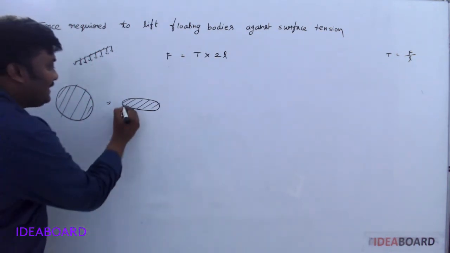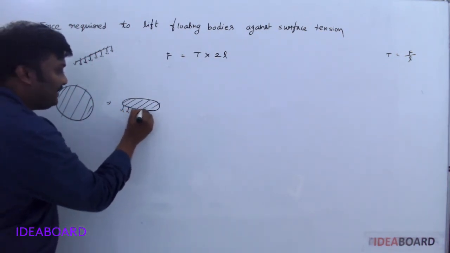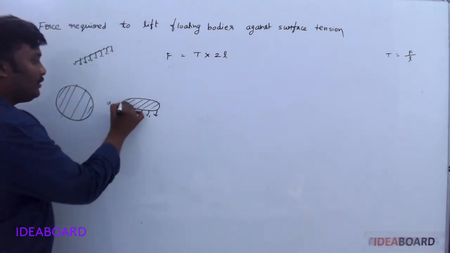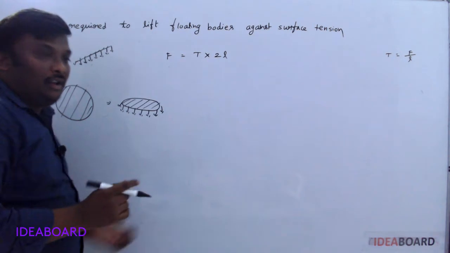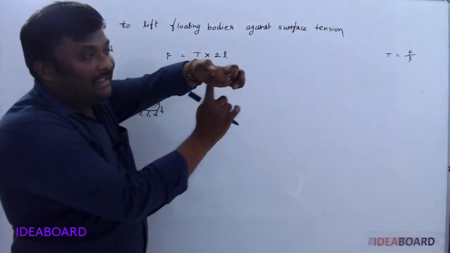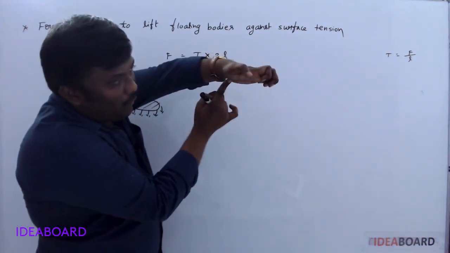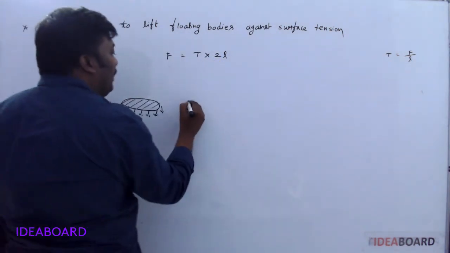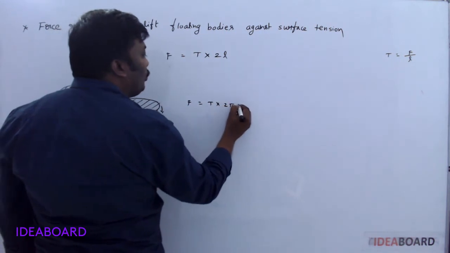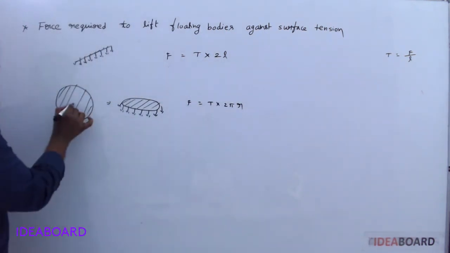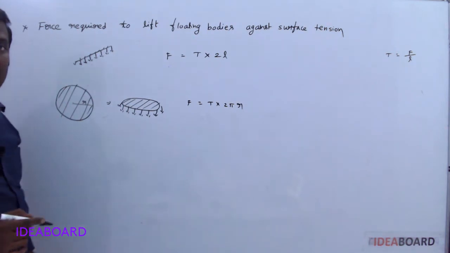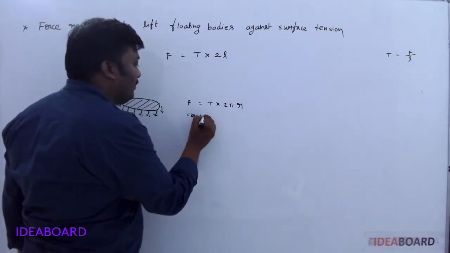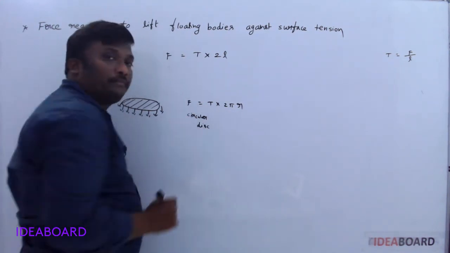It experiences a force along its length only, lengthwise, don't take any area. Overall, this portion is called the circumference, so the formula is T into 2 pi r, where r is the radius of the circular disc. For a circular disc, how much force is required? T into 2 pi r.